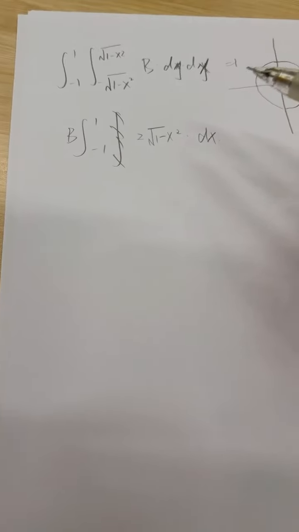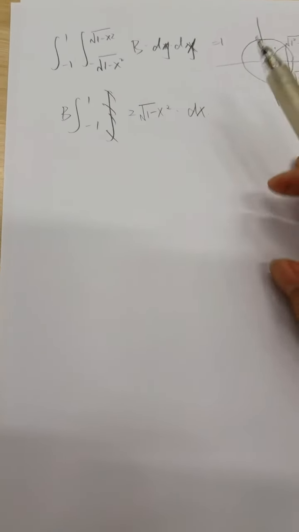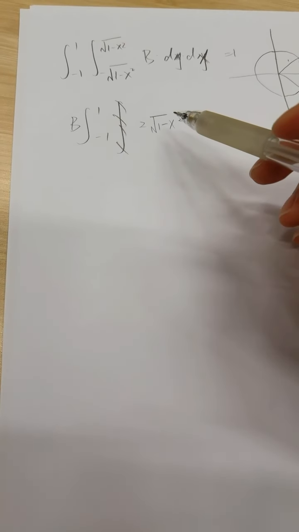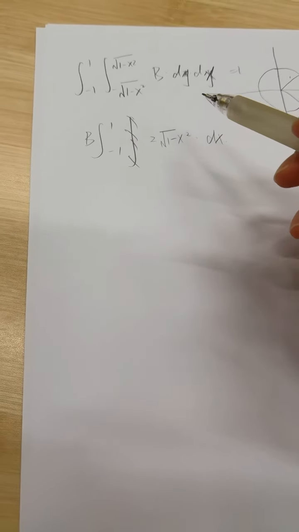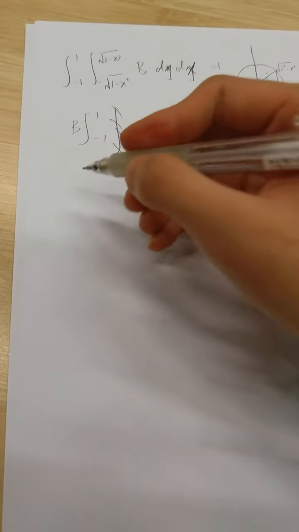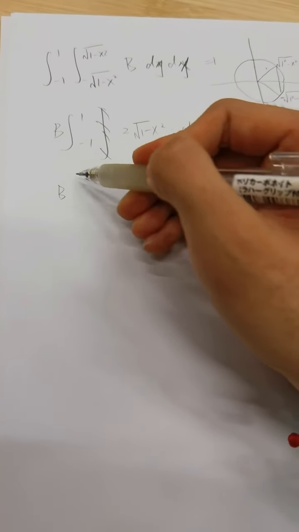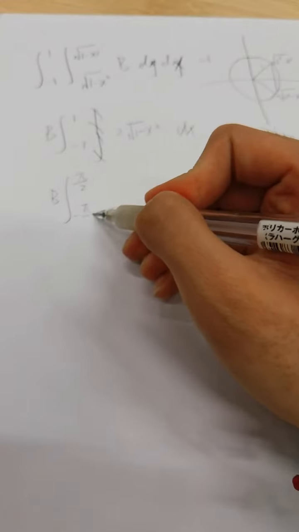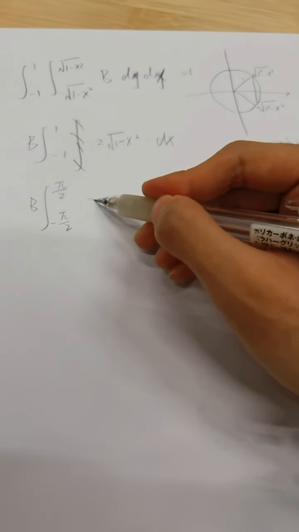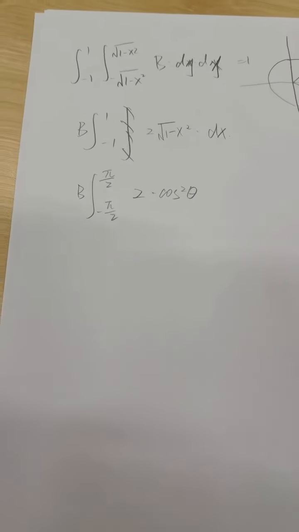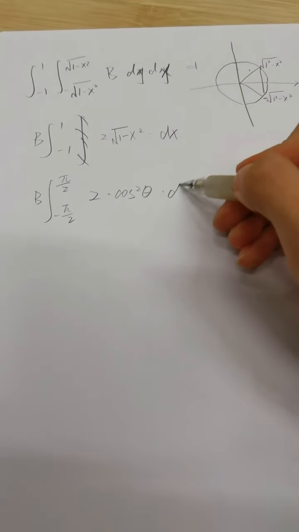After that, we need to integrate this part, but it is difficult, so we substitute x equal to sine theta so that it becomes cosine squared theta. As we know it is a circle, so theta ranges from negative pi over 2 to pi over 2. This part equals 2 times cosine theta times cosine theta d theta.